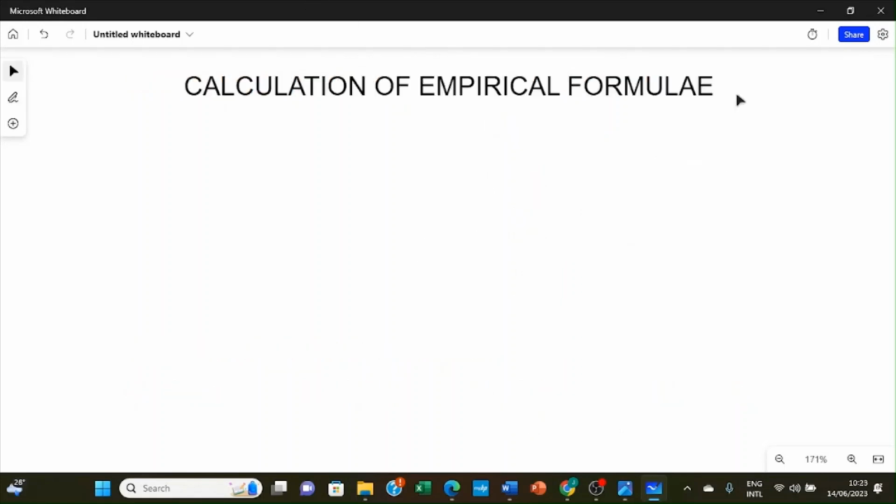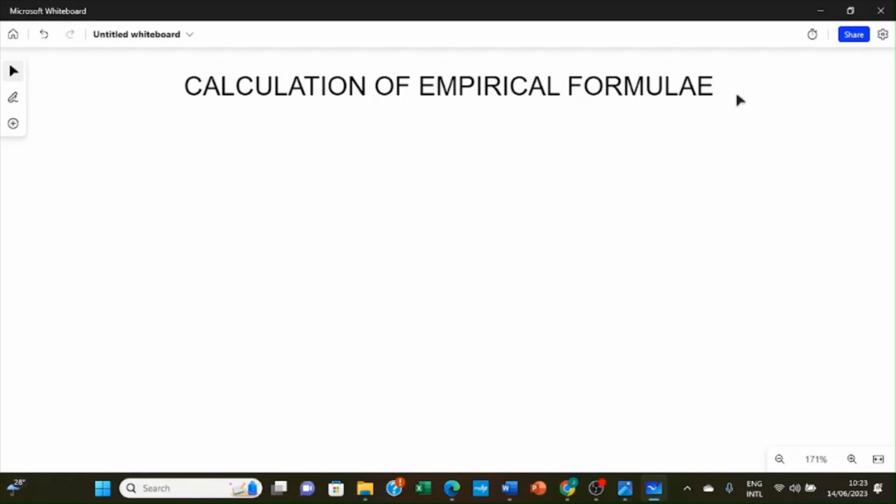So today we want to look at calculation of empirical formula, whether for an organic or inorganic compound. You need the mass of each of the elements present in the compound or the percentage composition by mass.